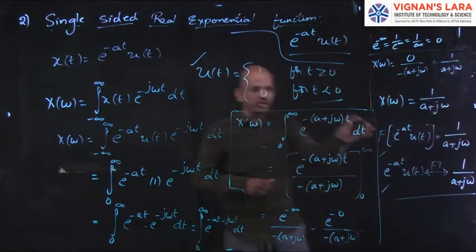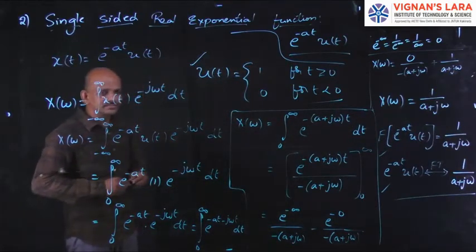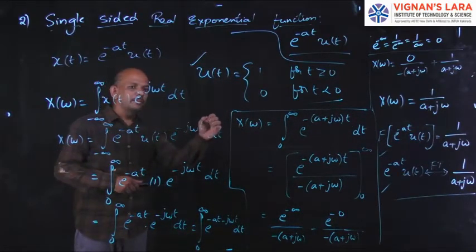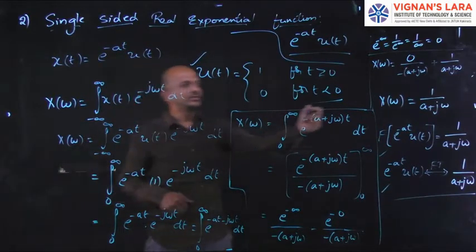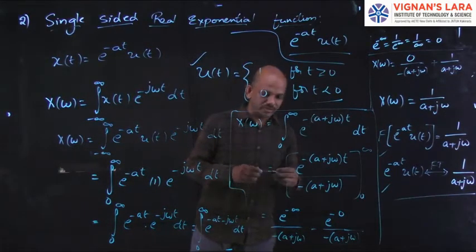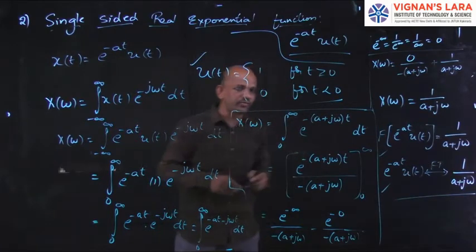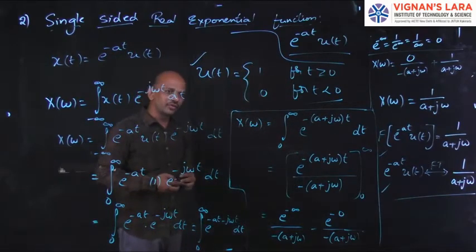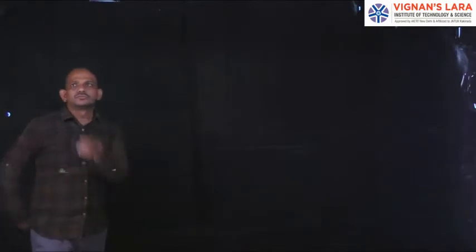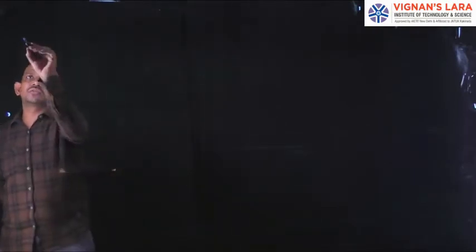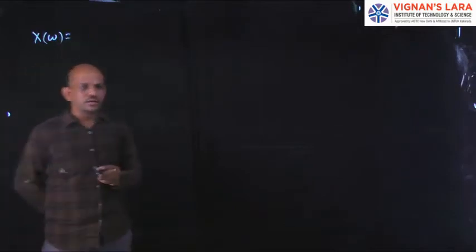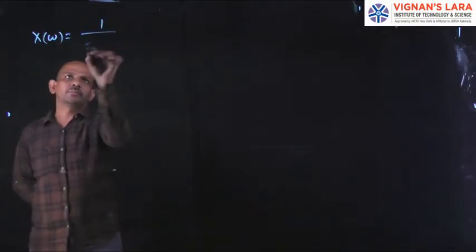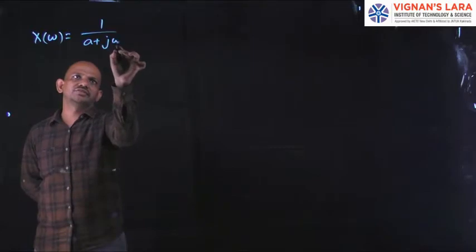Okay. Now I will go for finding the magnitude spectrum and phase spectrum of this one. That is, we have to find out the value of mod of X of omega and phase of X of omega. So we all know X of omega equal to 1 by a plus j omega.